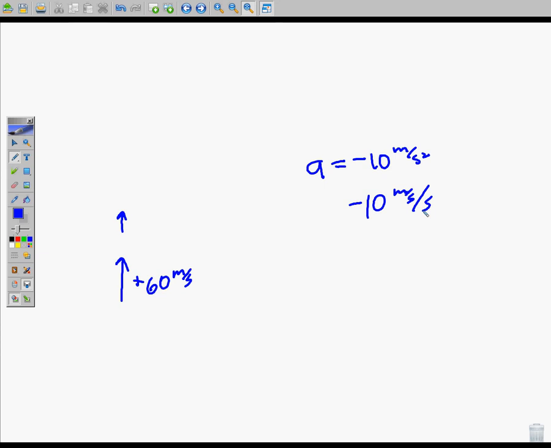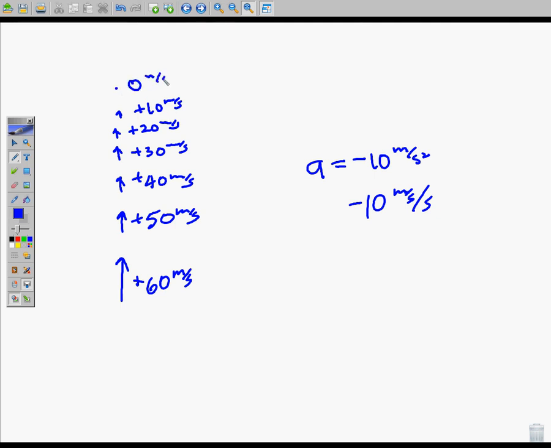So it would be going 40 meters per second. 1 second after that, 30 meters per second. 1 second after that, 20. 10. 1 second after that, 0. And then back down. 1 second after that, 10, but since it's going down, negative.